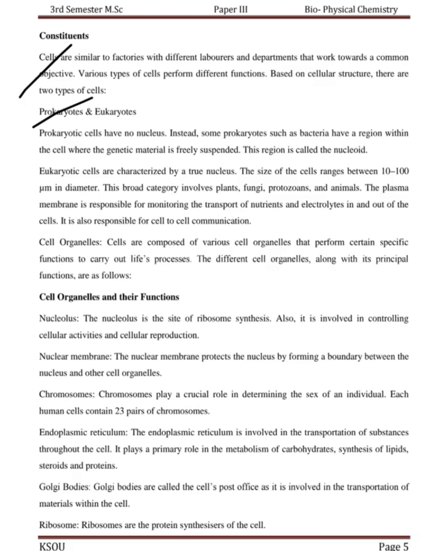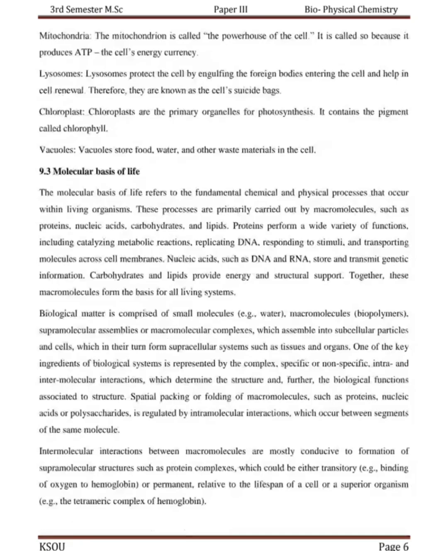Now, cell organelles and their functions. What are the constituents present inside the cell? The nucleus, nuclear membrane, chromosomes, endoplasmic reticulum, Golgi body, and ribosomes. These are the constituents of cells. Mitochondria, lysosomes, chloroplasts, and vesicles are present. So go through the definitions, and these are the basic terms you should know.